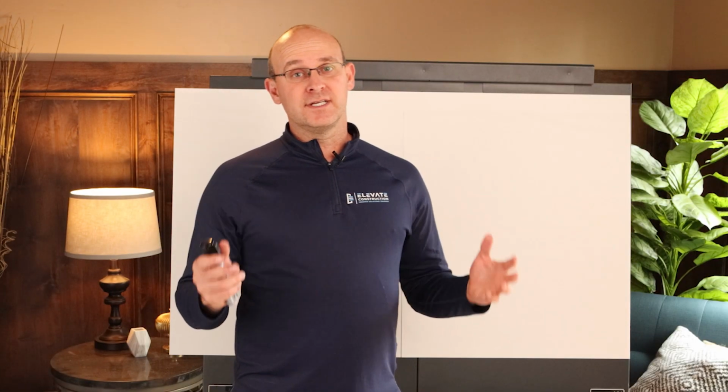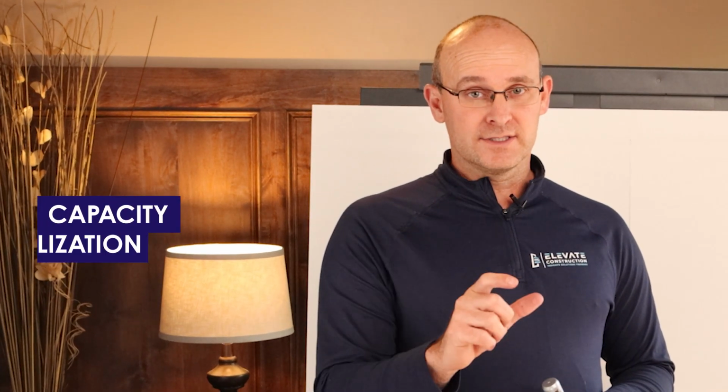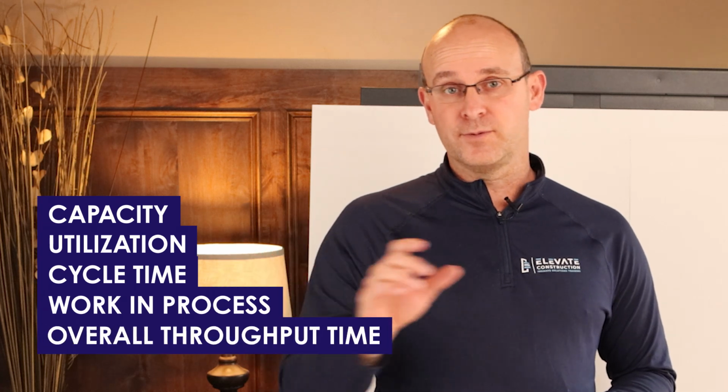And so if you're still not convinced, I'm going to show you 3 different things. There's a relationship between capacity, utilization, cycle time, and work in process, and overall throughput time. All of these things have a correlation. And I'm going to simplify all this down.